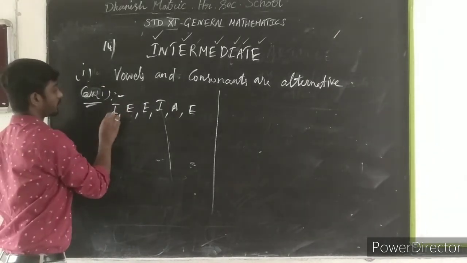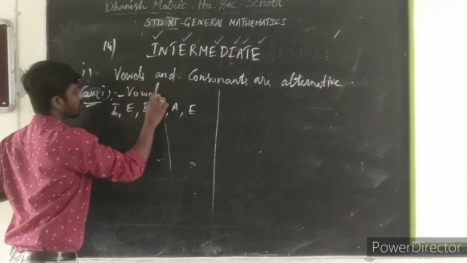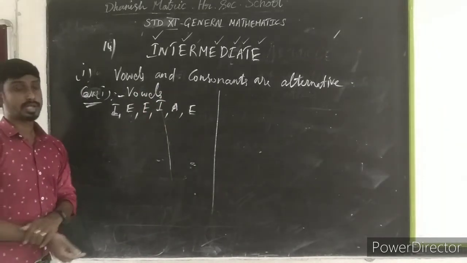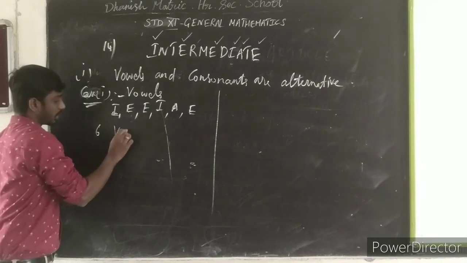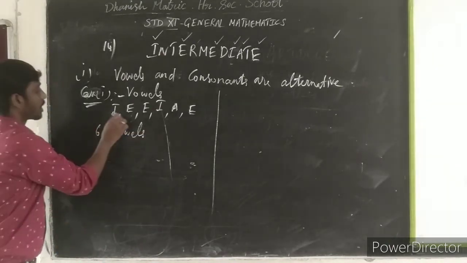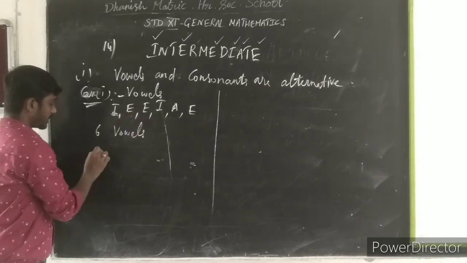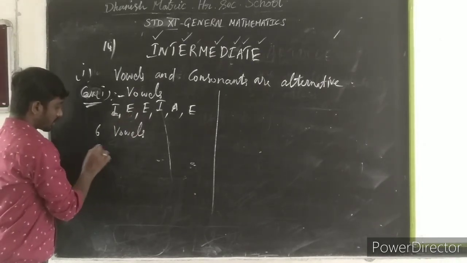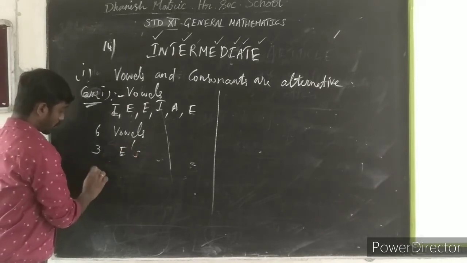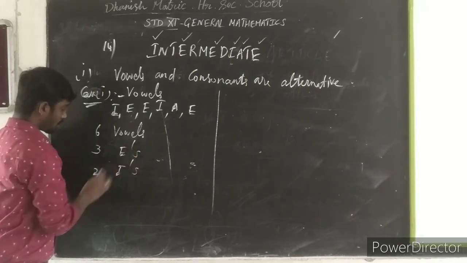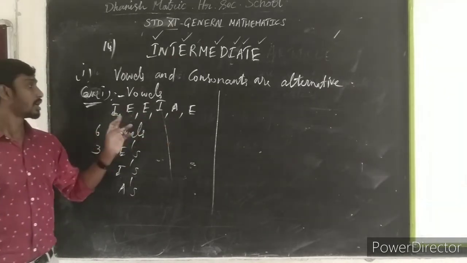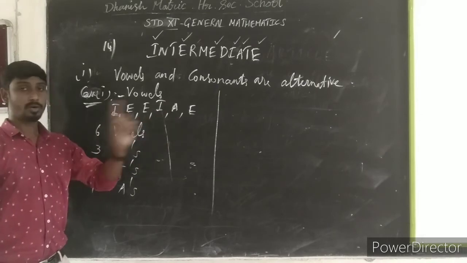So we are going to find out the vowels. How many vowels are there? It will be 6 vowels here. How many E's here? It will be 3 E's. 2 I's here. 1 A here.